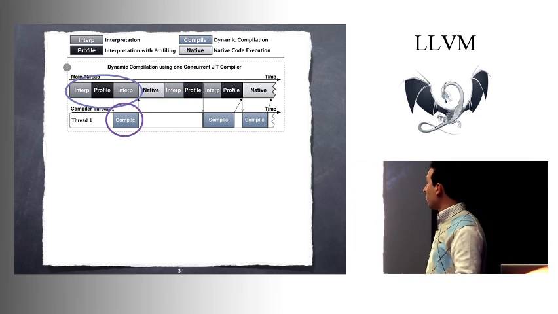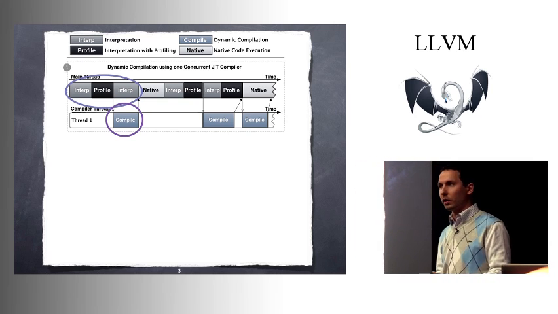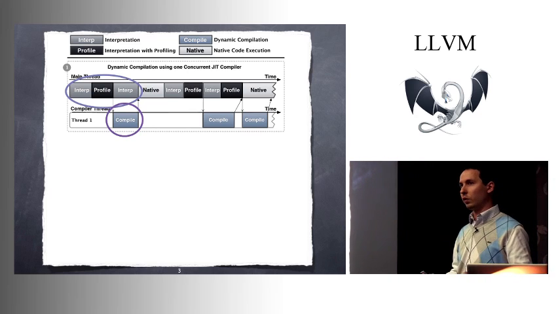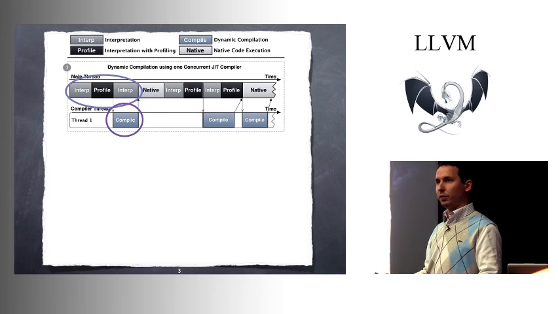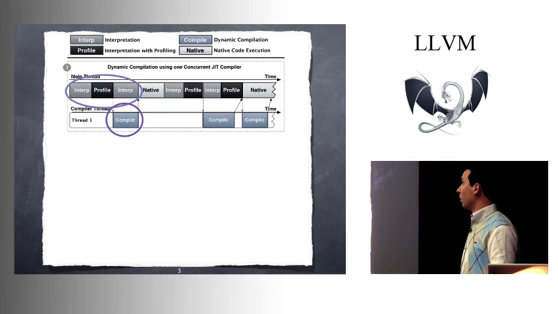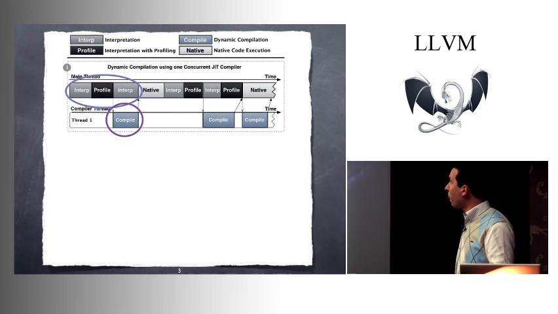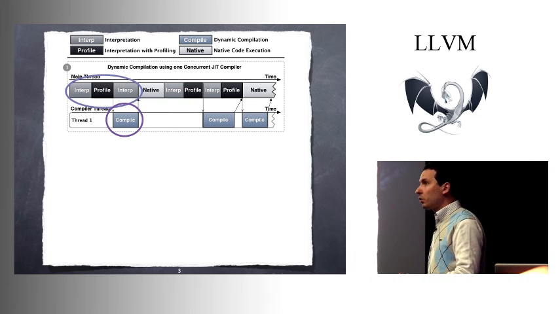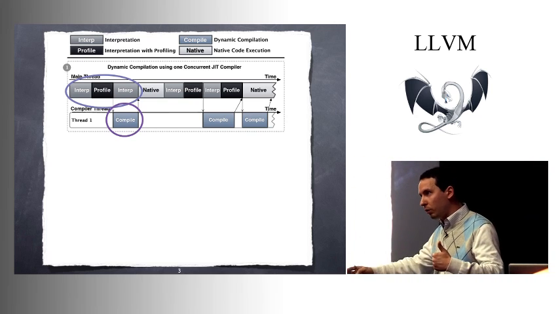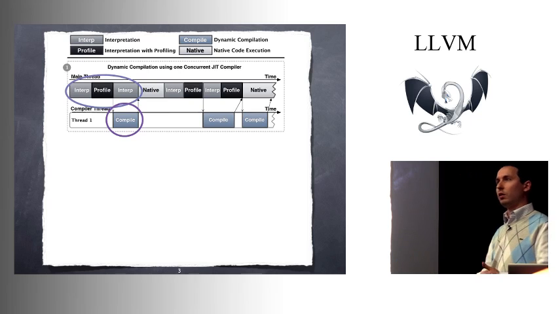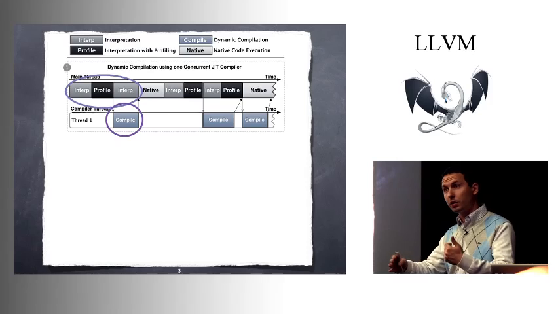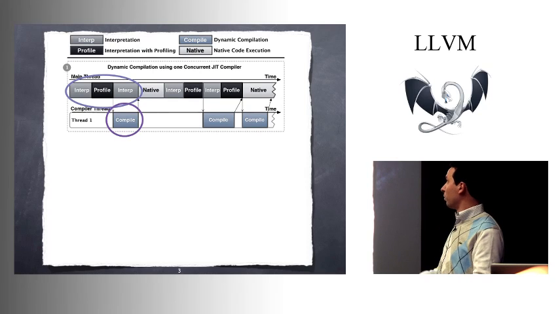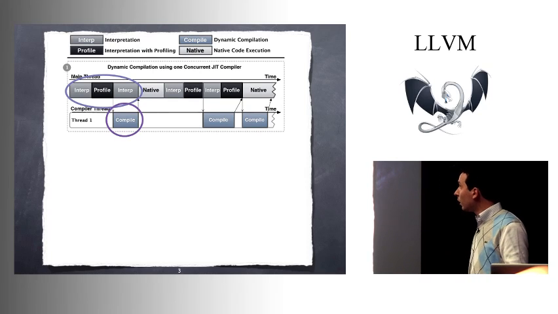Now, when you have dynamic compilation like that on the critical path, then of course, if you want something that has fast startup times and needs to be interactive, you can have delays because you have to wait for compilation to finish. You also have to make trade-offs. If you want startup time to be fast, then your dynamic compiler probably won't do as many optimizations in its first run, because you want code to be available quickly.